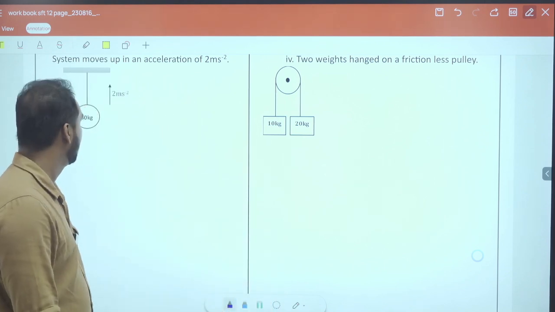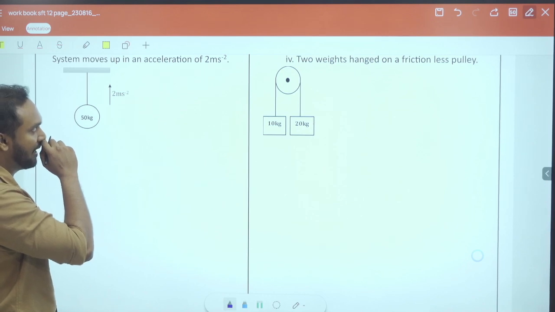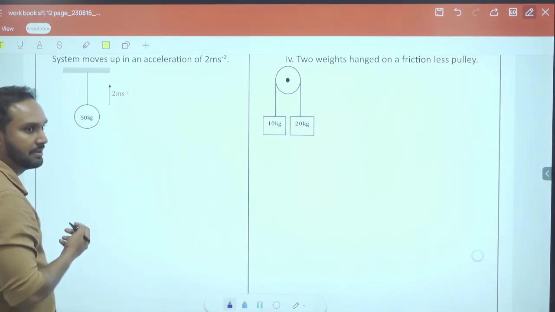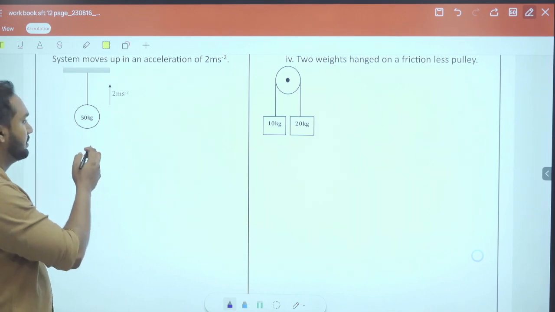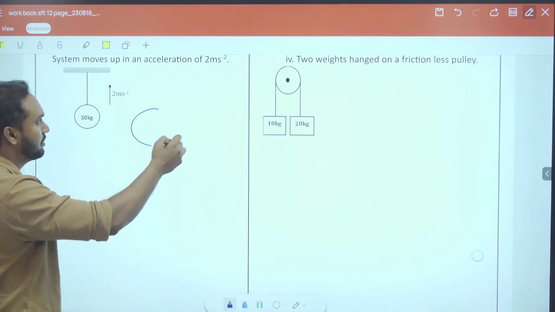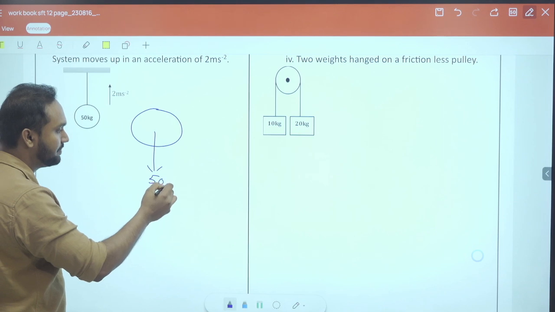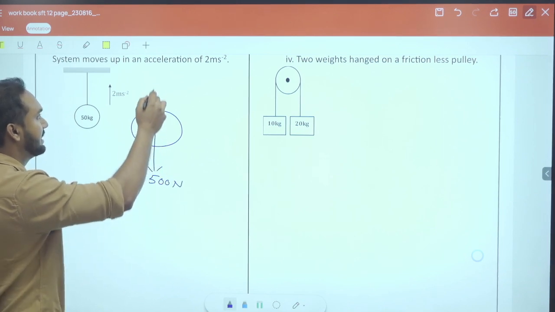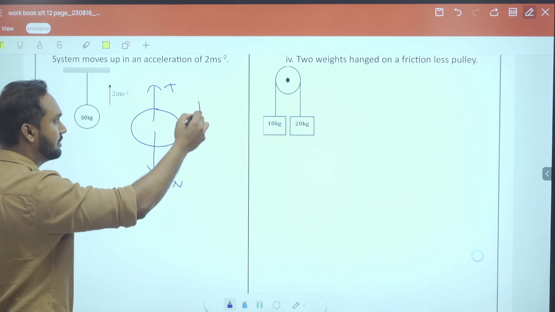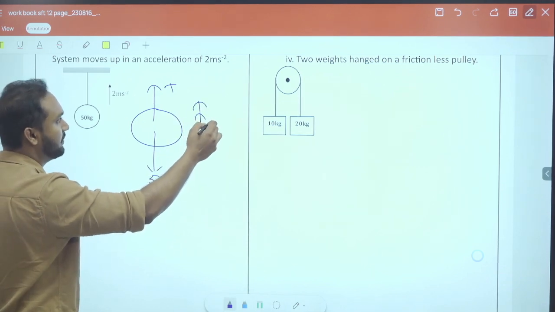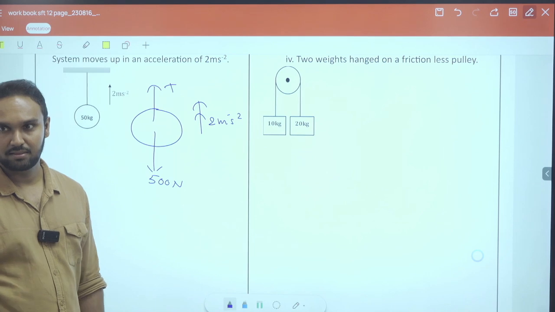Right? So how do you do this? You have the acceleration, so you don't have to put sigma F equals ma to the system to find the acceleration because it's there already. So the next thing you do is you isolate the object. 500 newtons acting downwards, and a tension T acting upwards, and the whole system is going upwards with a 2 ms^-2 acceleration.